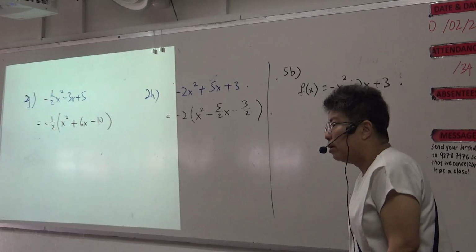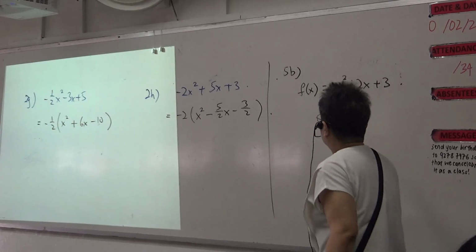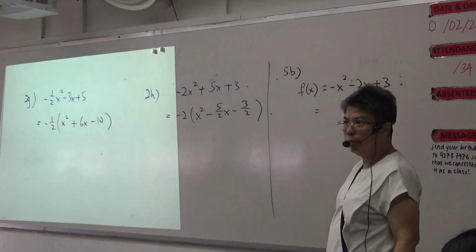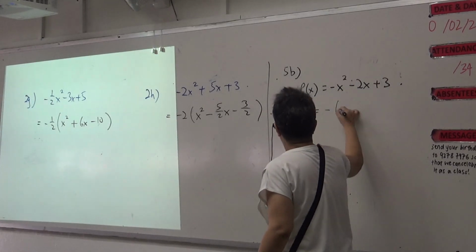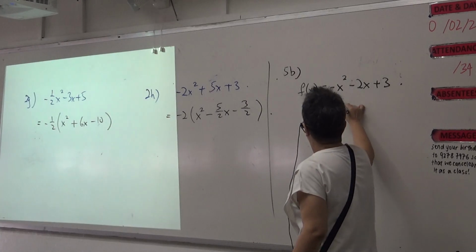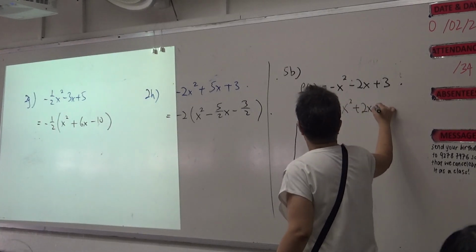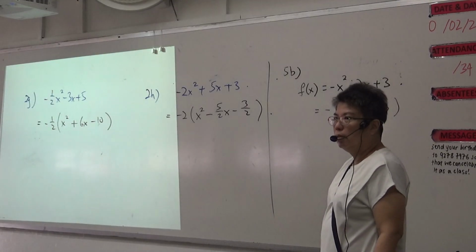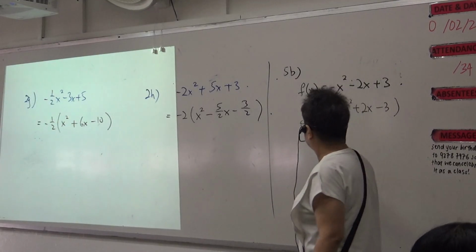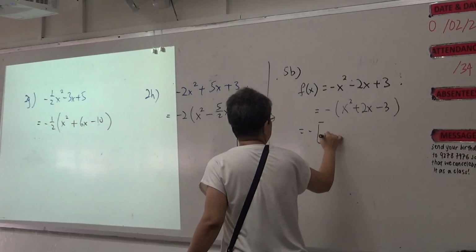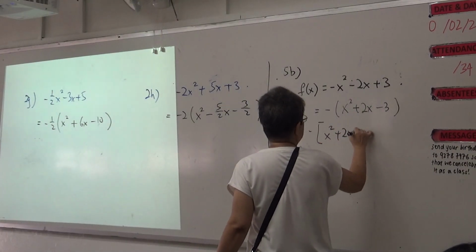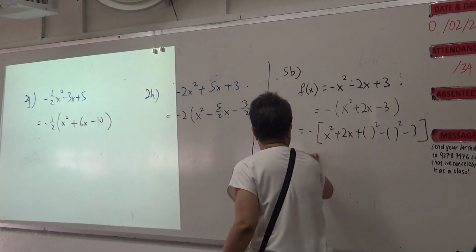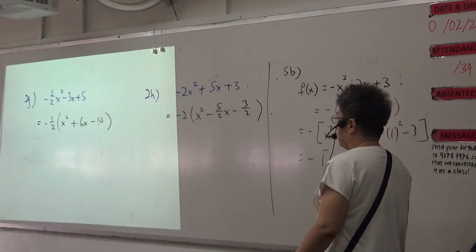Okay? Now, can I straight away complete the square? No. I have to take out -1, right? So the x squared plus 2x minus 3. Negative x squared plus 2x, this is a 1, right?